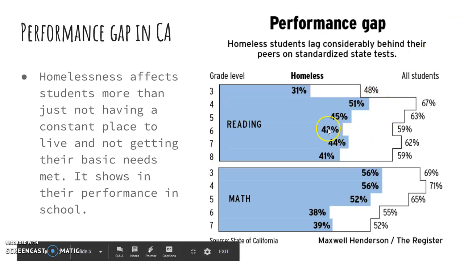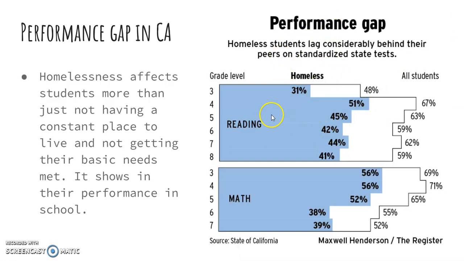In this graph that I found, you can see that in grades 3 through 8 in reading and math, the homeless students perform on average anywhere between about 15 to 20% lower in both reading and math, and it varies between grades.